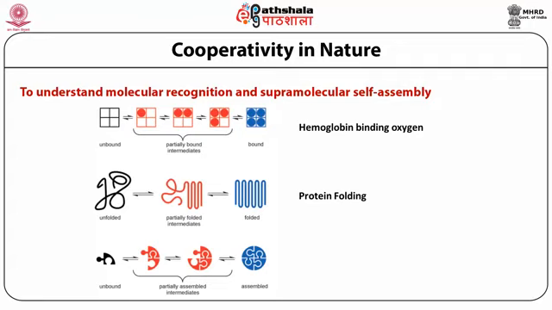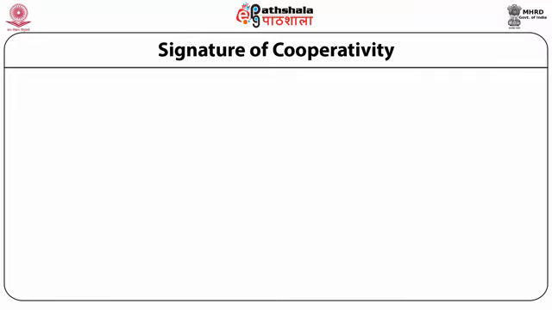Also, we can have supramolecular self-assembly where cooperativity is quite prevalent, where you may have an unbound state and an assembled state where all the ligand and receptor are bound to each other, but it may go through some partially assembled intermediates. So what is the signature of cooperativity?